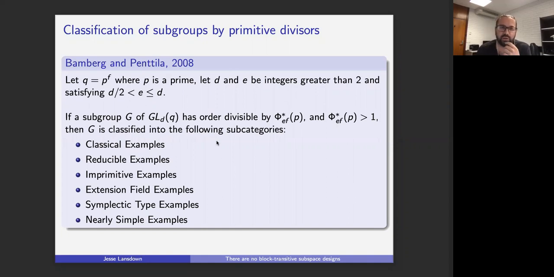I've summarized them here into different types of examples according to the examples in their theorem, but the actual theorem runs over like 3 pages. There's a bunch of families, and then there are numbers of tables with specific groups that can occur. So at this point, what we need to do next is go through and consider these different groups and see whether they're permitted by the parameters of different designs.